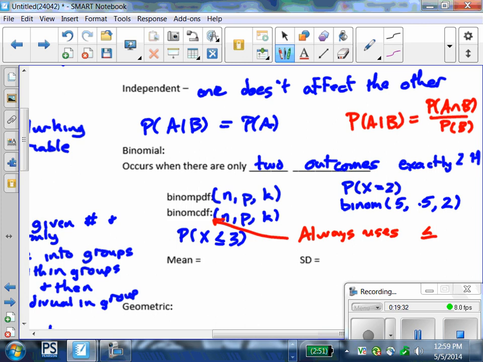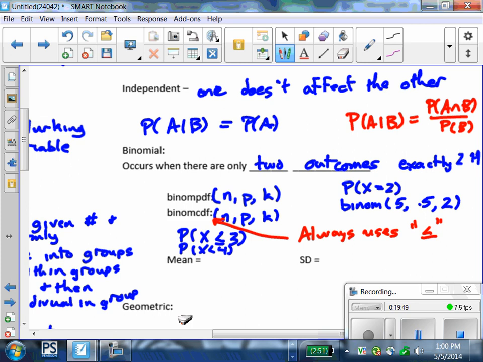Every time. So, if we end up with a situation, what's the probability, this would also be the same thing, probability x is less than 4. You always have to figure out a way to take care of this in the calculator.